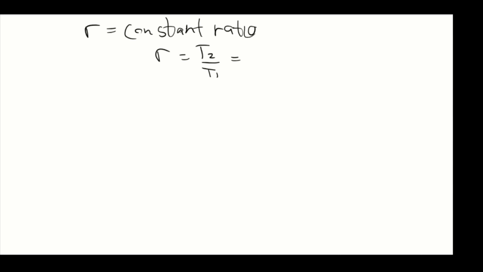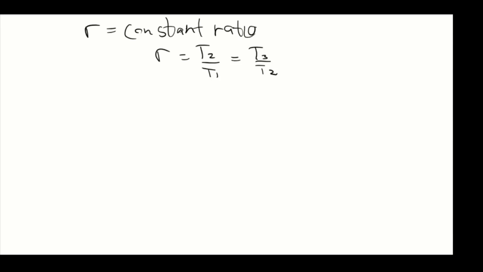So the characteristics of a geometric series, we know that it must have a constant ratio throughout. So meaning that the ratio of T2 over T1 must be equal to the ratio of T3 over T2.